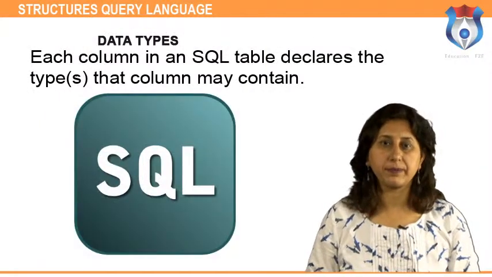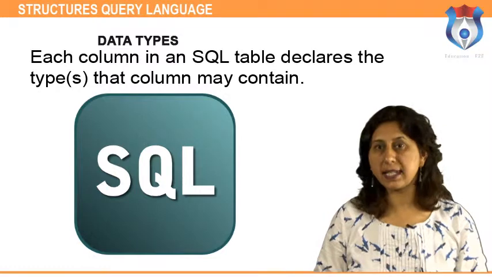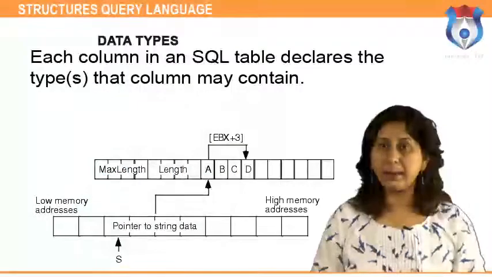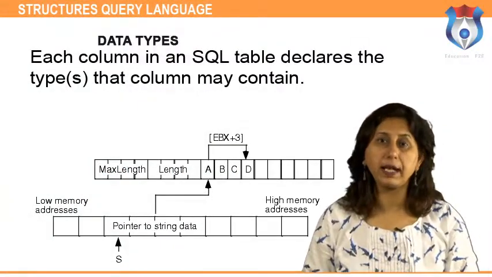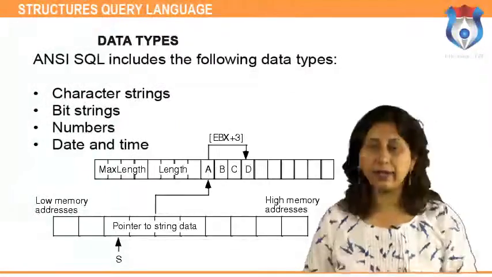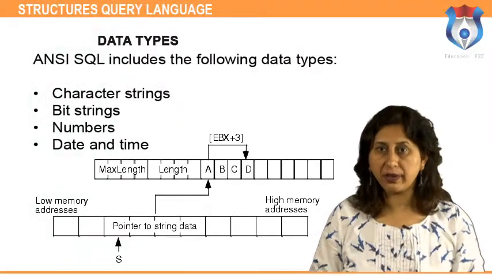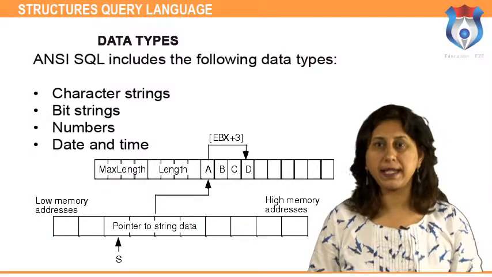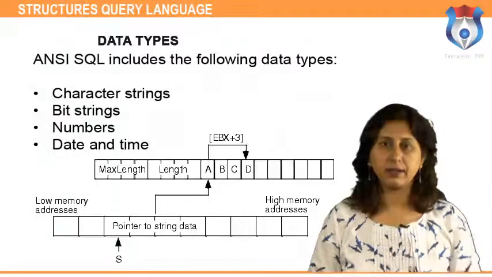Data types. Each column in an SQL table declares the types that column may contain. Character n or char n, fixed width n character string padded with spaces as needed.